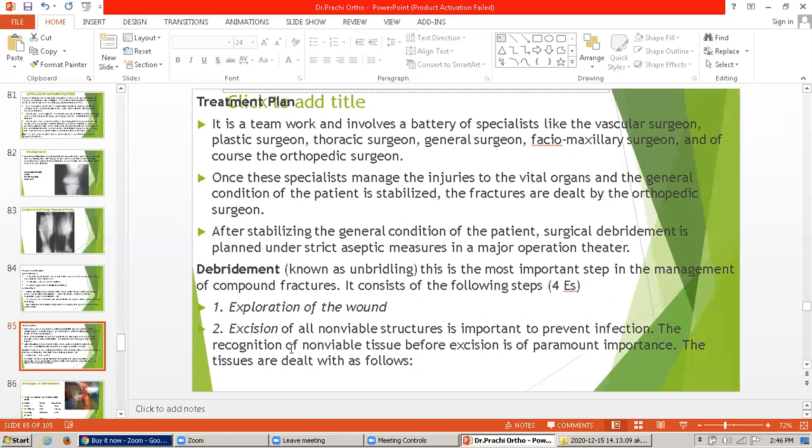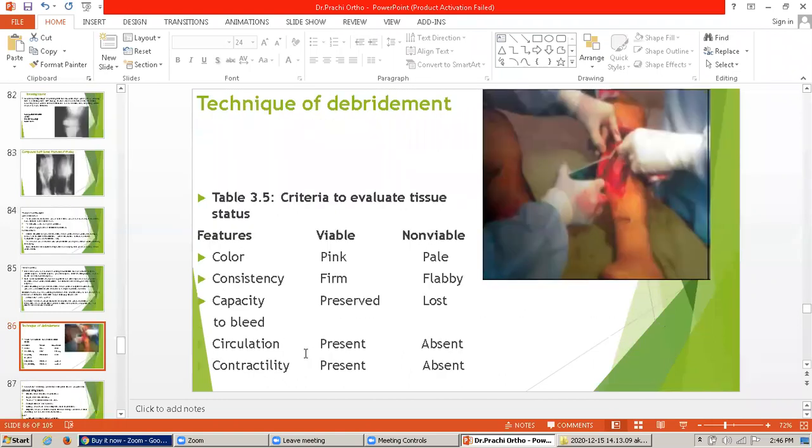Recognition of non-viable tissue before excision is of paramount importance, and the tissues are dealt with as follows. So, exploration of the wound: firstly, in debridement, explore the wound. Then excision of non-viable structures to prevent infection is also important. The technique of debridement is seen in this diagram.